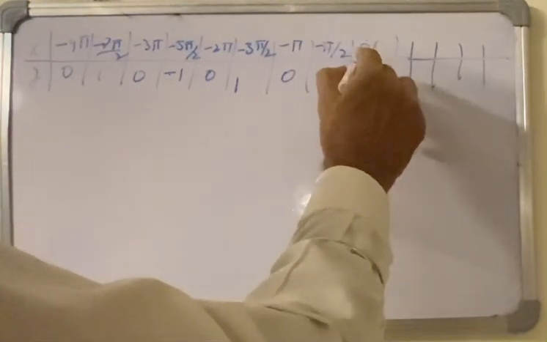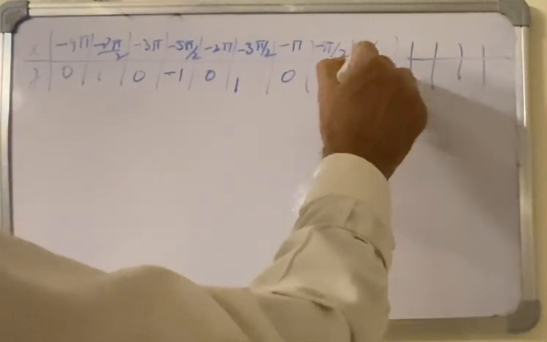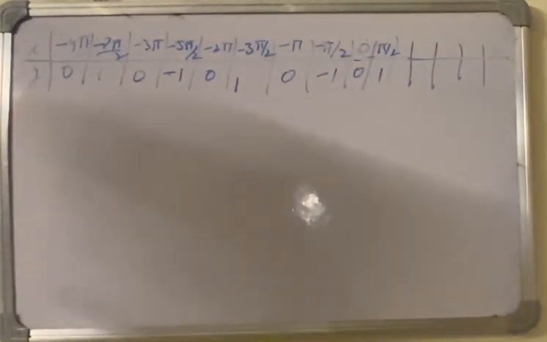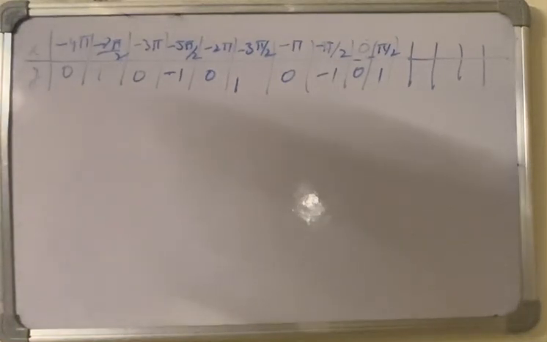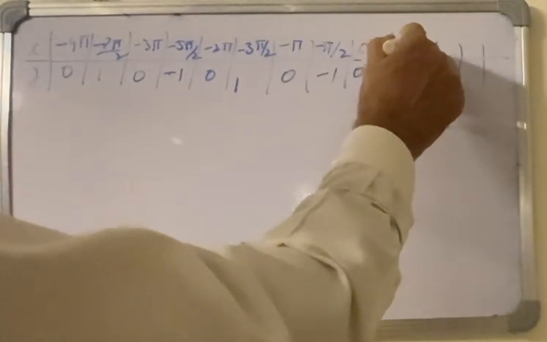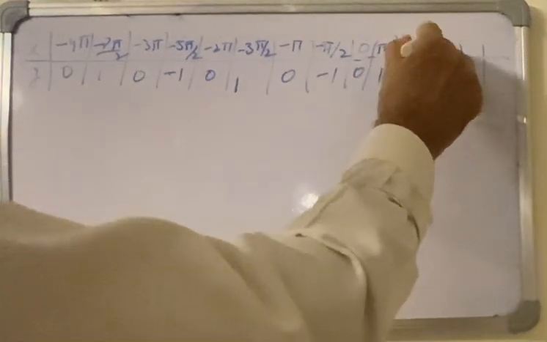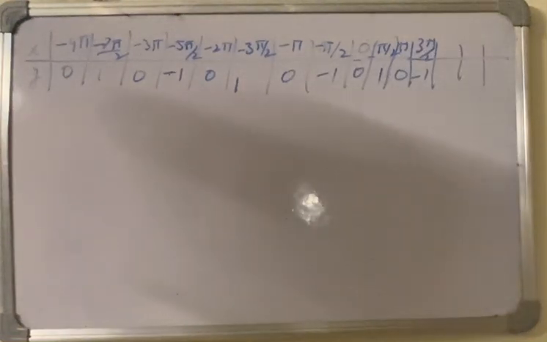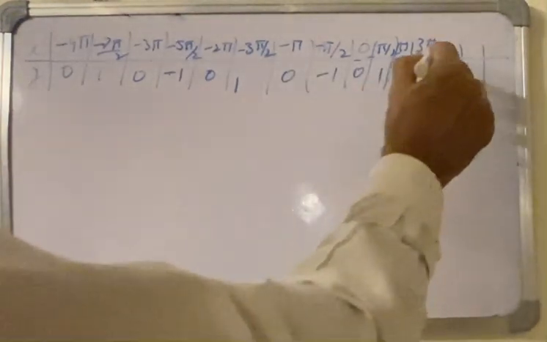Similarly, pi is 0, 3 pi by 2 is minus 1, 2 pi is 0.